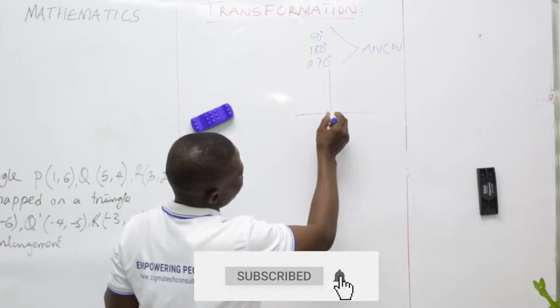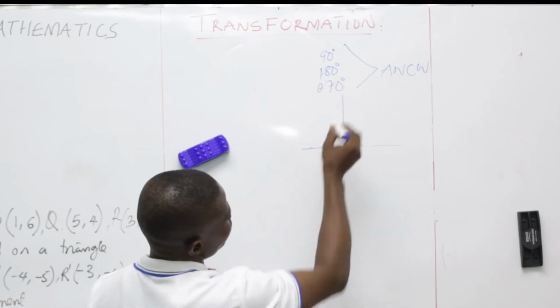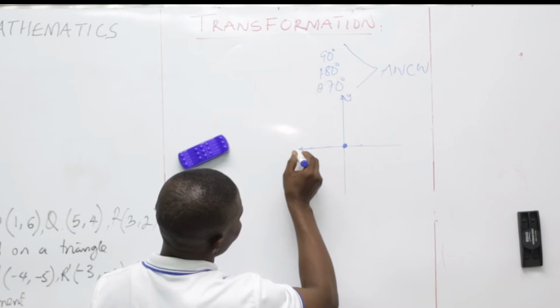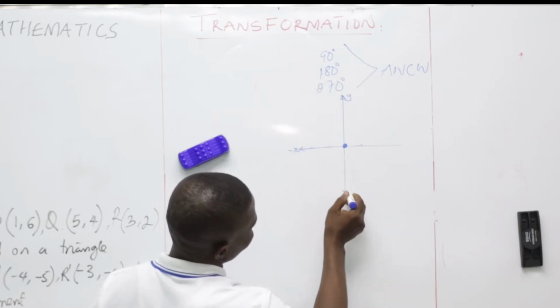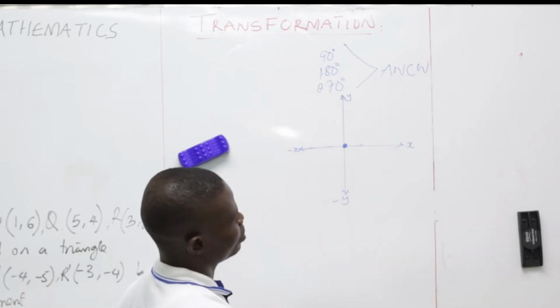So this is our midpoint or the starting point, the origin. This is the y-axis. This is the x-axis on the minus side. This is y on minus, x on positive.